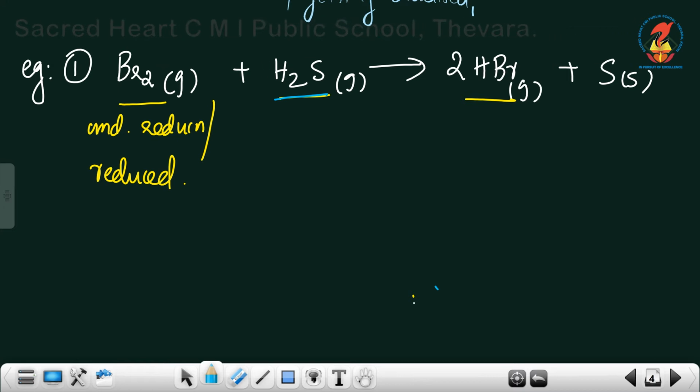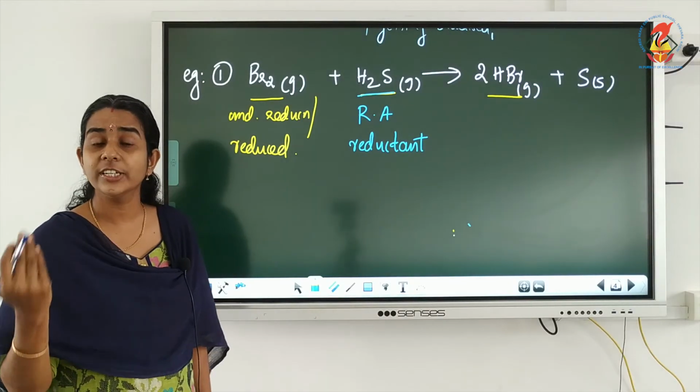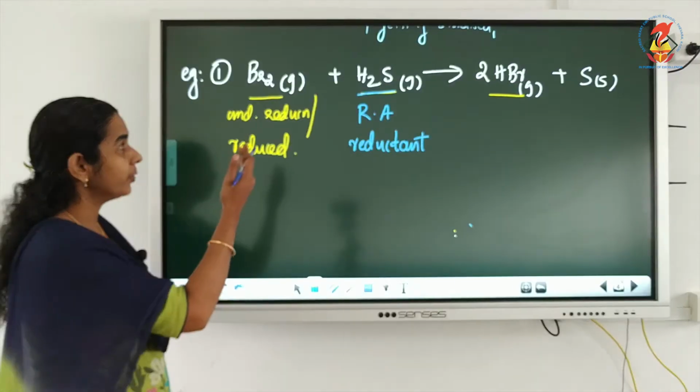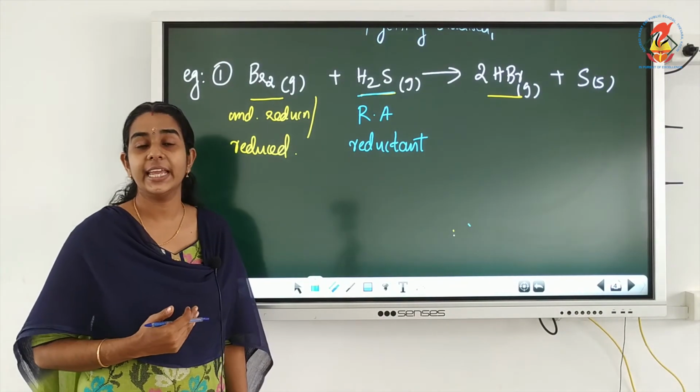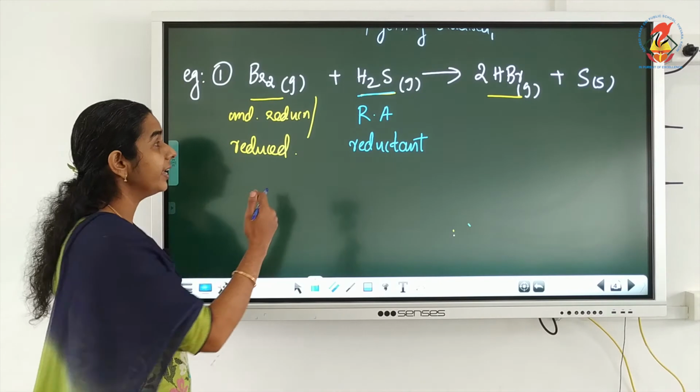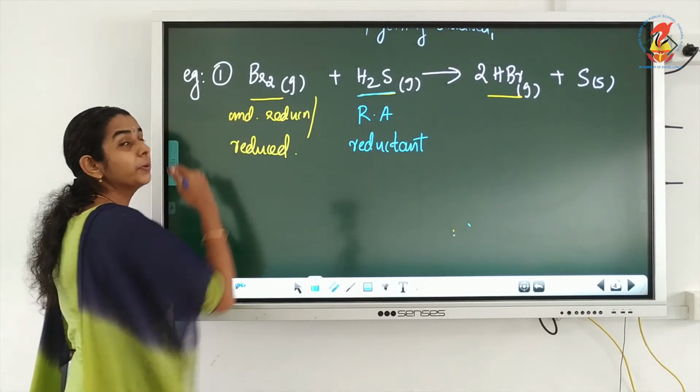So H2S is supplying hydrogen to bromine, so it is acting as the reducing agent, or reductant. Reducing agent, another word is reductant. Oxidizing agent, another word is oxidant. Here H2S is acting as the reducing agent or reductant by supplying hydrogen to bromine.